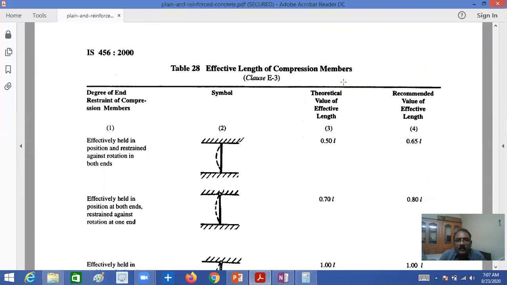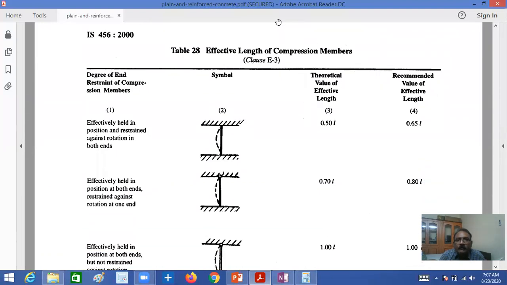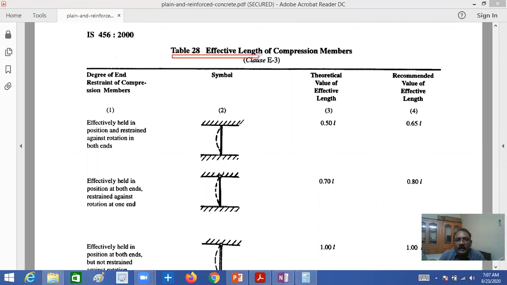Finally, they have given one very important table in the design of columns to find the effective length. This table itself indicates the effective length of a compression member. It has a very important role in design of compression members. We should know the effective length of that compression member, and for that, we should know the conditions.